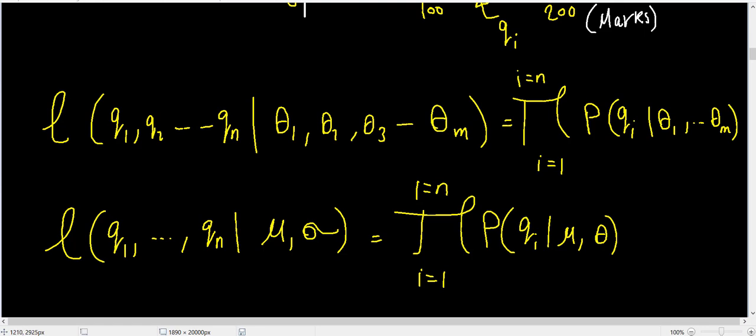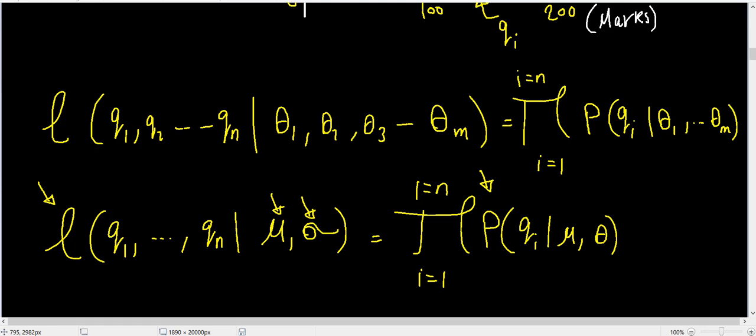Now I want this product right here to be as large as possible, and so I need to maximize this product, which means I need to maximize this function. So to maximize this function, I need to differentiate this function with respect to my parameters and then equate to 0, and this will give me the maximum likelihood estimation of my parameters mu and sigma.